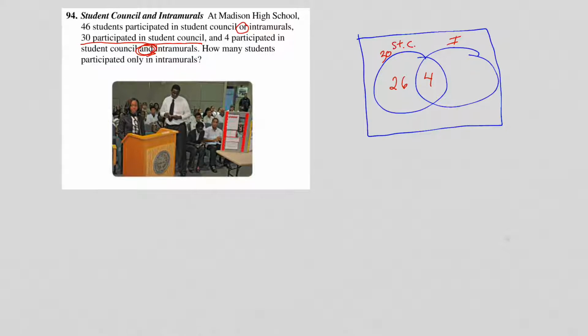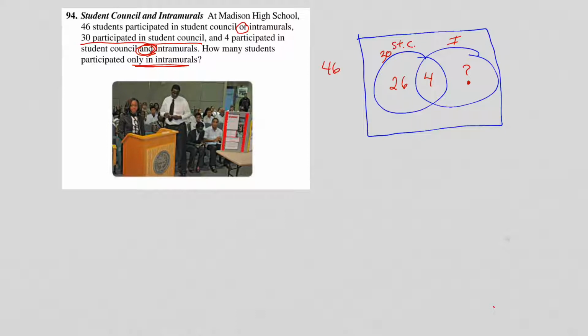Okay, so the question is how many students participated only in intramural. So that means this number right here. Well, we have to use the other clue, which was that 46 participated in student council or intramurals. So basically, in all three regions, you have 46.